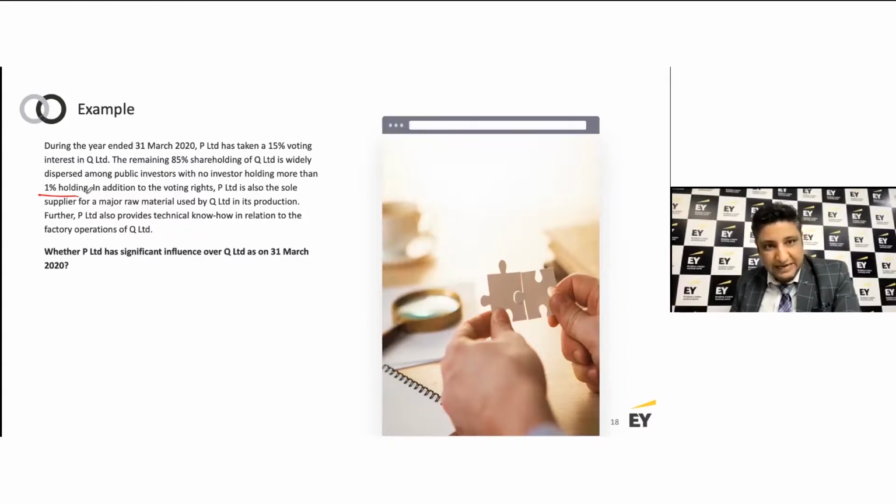So it's not very different from those lines. Okay. It says further, in addition to the voting rights, P Limited is also the sole supplier of a major raw material used by Q Limited in its production. P Limited also provides technical know-how in relation to the factory operations of Q Limited.